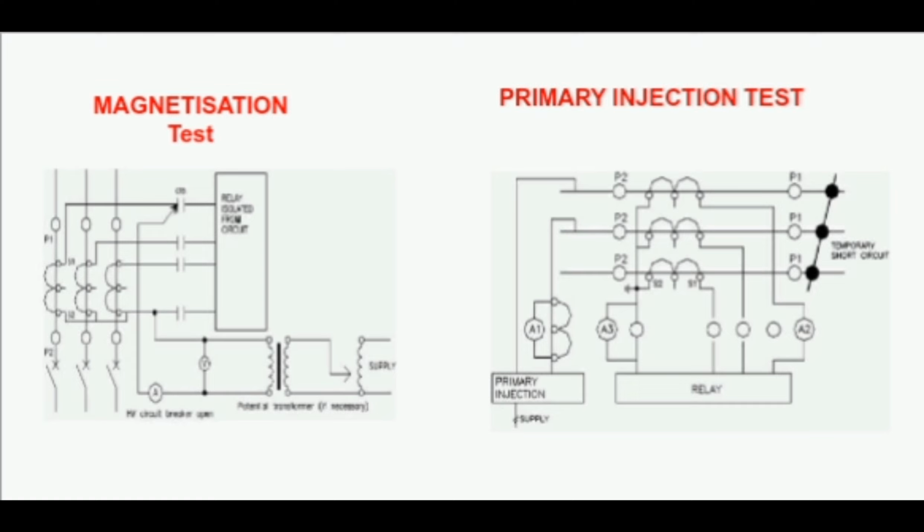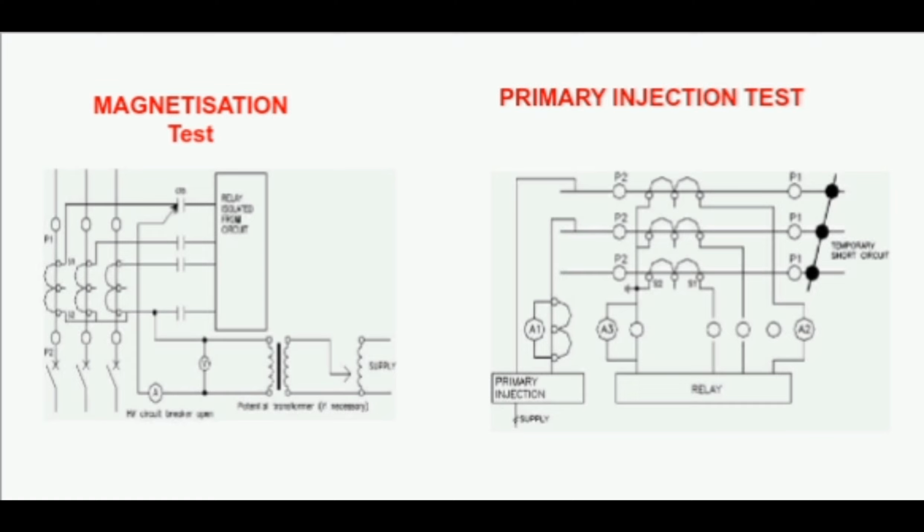The meter used for this test shall have true RMS measurement. You can see the circuit connection in your photo, and the magnetization test is showing there.